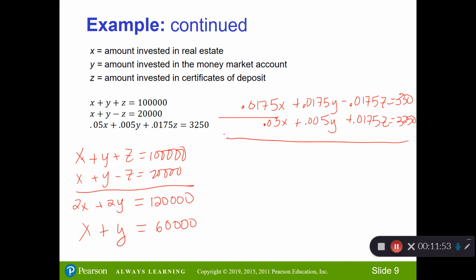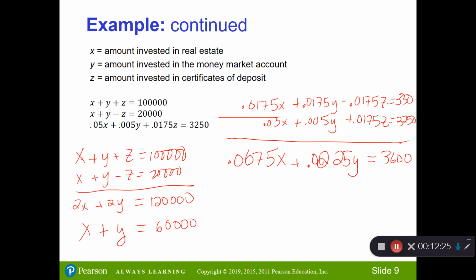All right, so I'm going 0.0175 plus 0.05, and that's going to be 0.0675x, and then I'm adding 0.0175 plus 0.005, and that's 0.0225y, and then the z's knock out, and I have 3250 plus 350, and that's 3600.